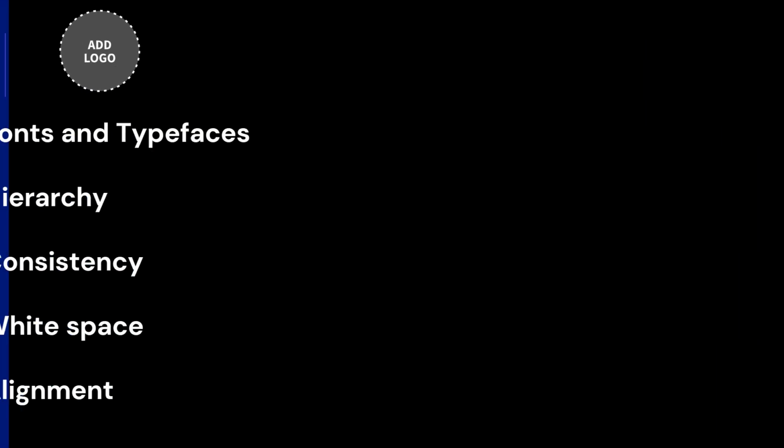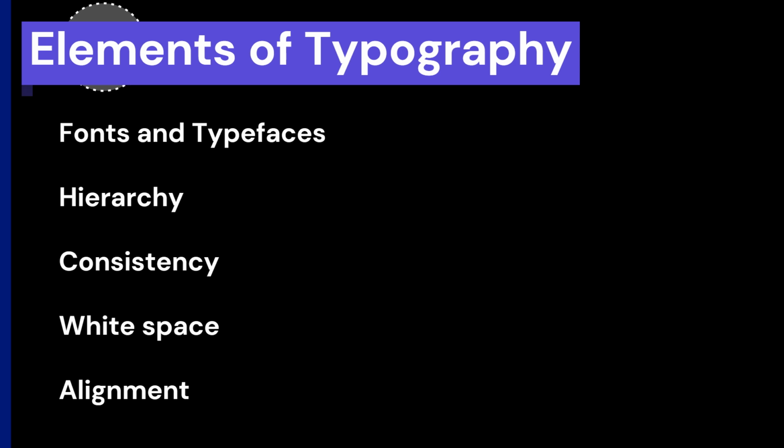So elements of typography are fonts and typeface, hierarchy, consistency, white space, and alignment. So understanding these helps UI and UX designers choose fonts and the type of text for their apps and websites.